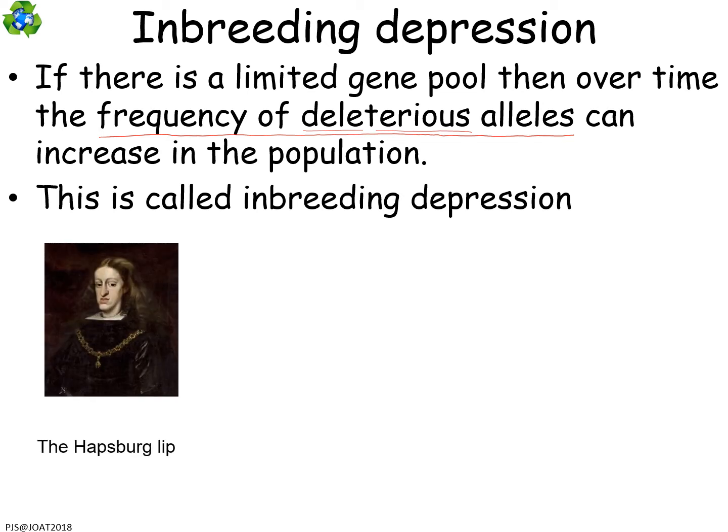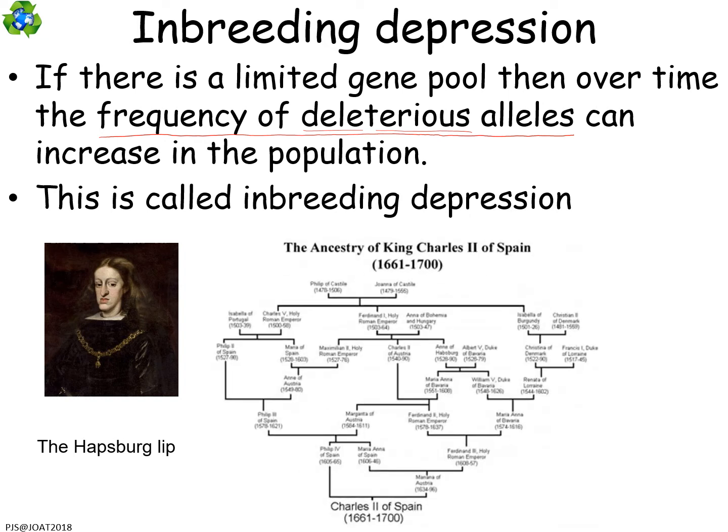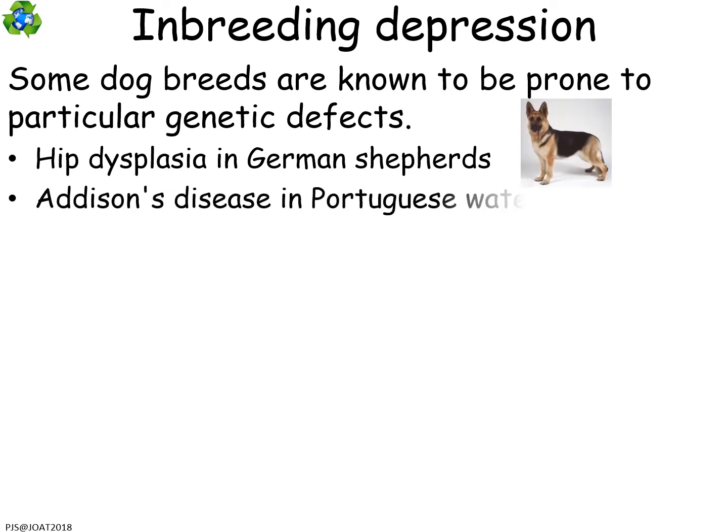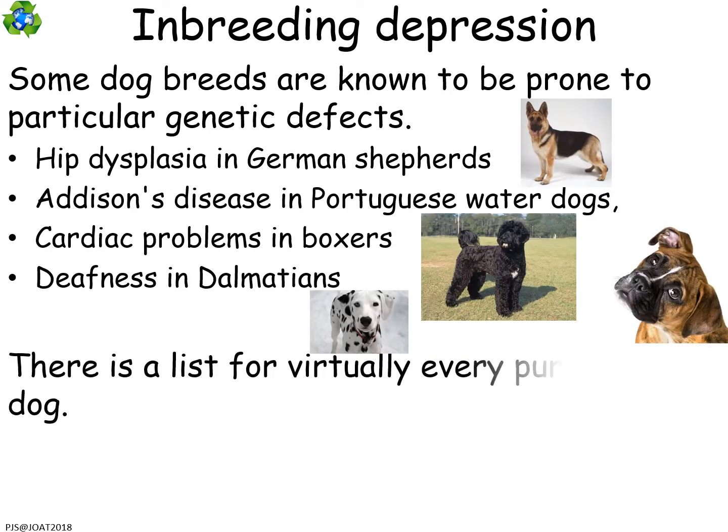This is an example from history, the Habsburg lip, because what you had was some severe inbreeding in the aristocracy at the time. So there are some dog breeds, in fact, just about every single purebred dog pretty much has a list of particular things that come with the fact that they have been selectively bred for a narrowed gene pool over time.